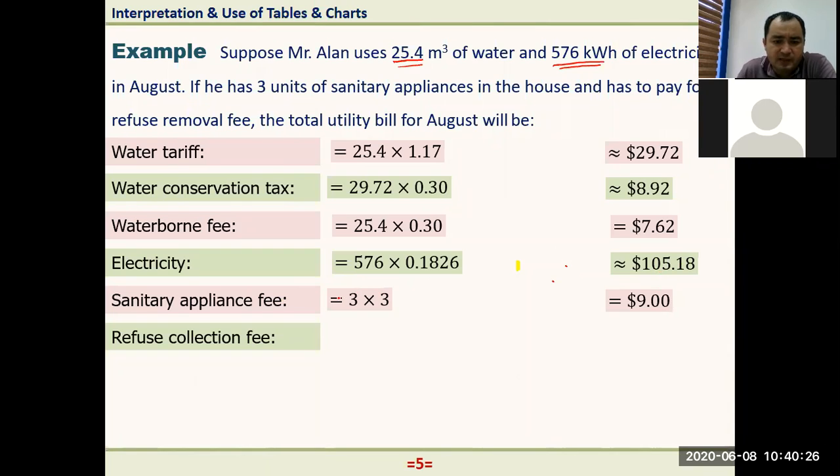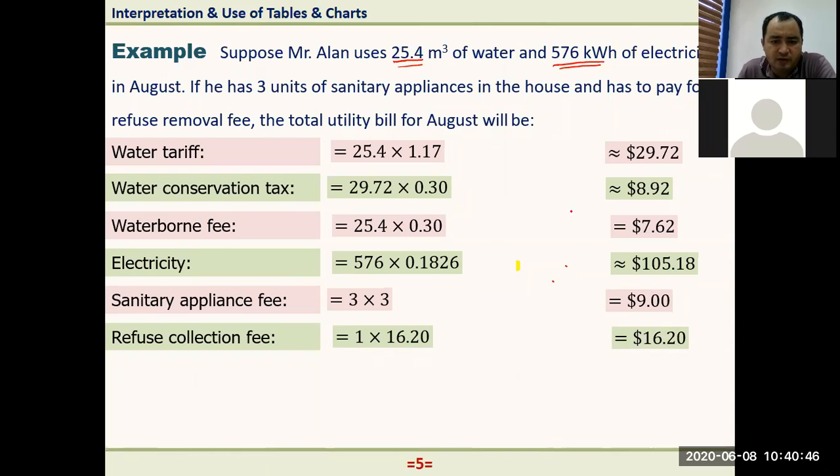And the sanitary appliance fee, 3 times 3, because we have 3 units. For each unit, we have to pay $3. So it's exactly $9. And refuse collection fee, it is for one, right? It is 16.20. So for refuse collection fee, every month we have to pay 16.20, right?